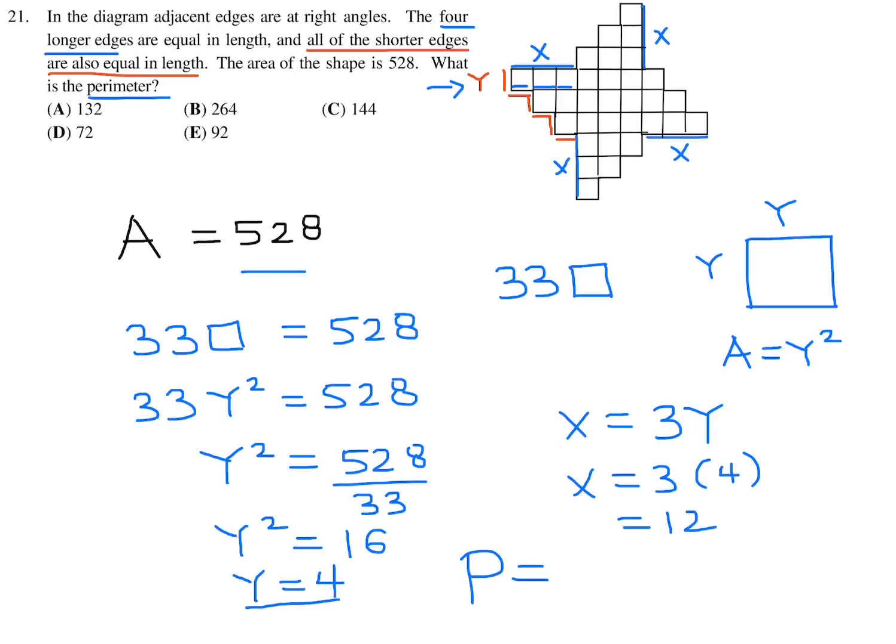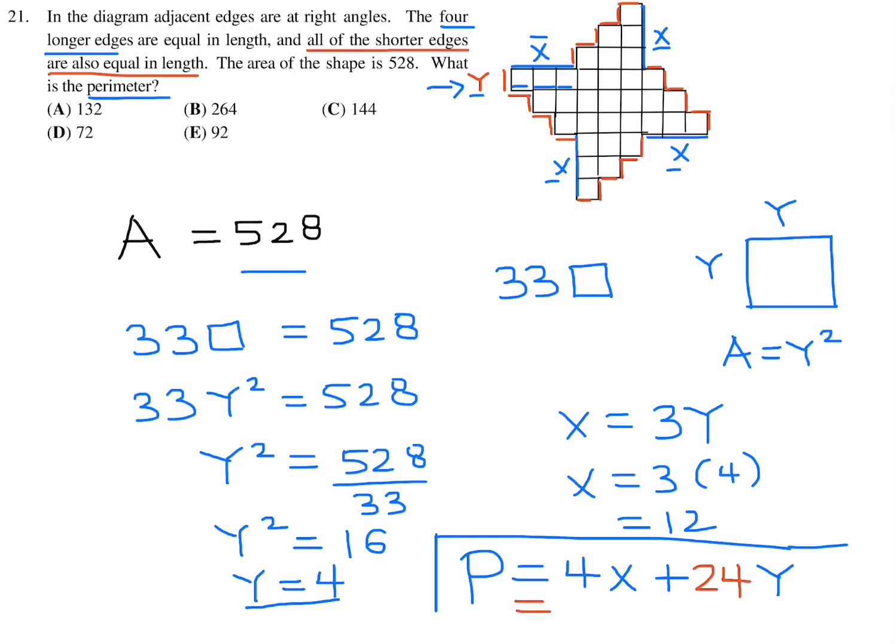Well, the perimeter is 4 of these x's, so 4x, plus a whole bunch of y's. And how many y's are there? Well, if you count, you will see that there's 24 of these y's all over the diagram.